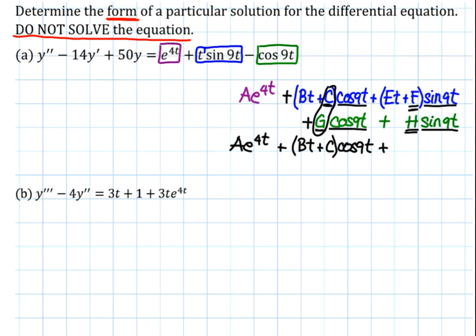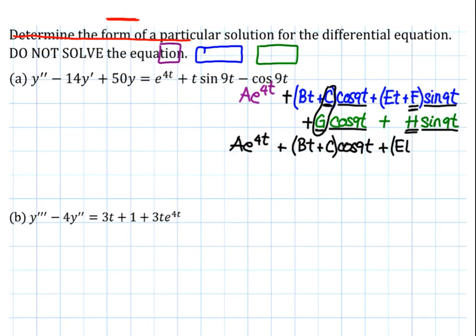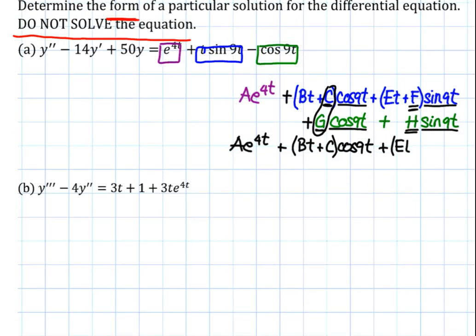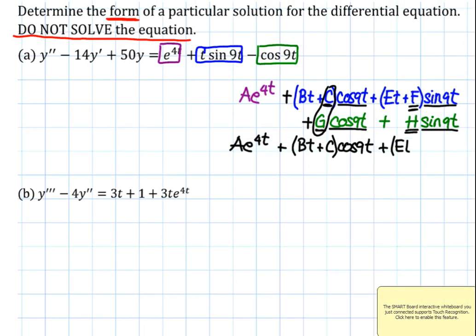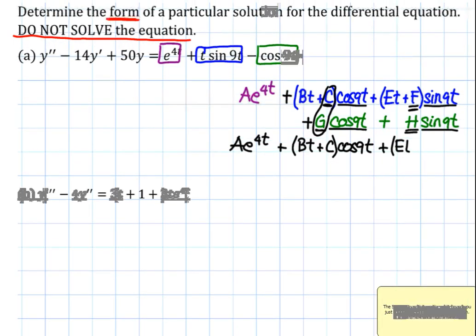Similarly here, these two constants add up, still a constant.